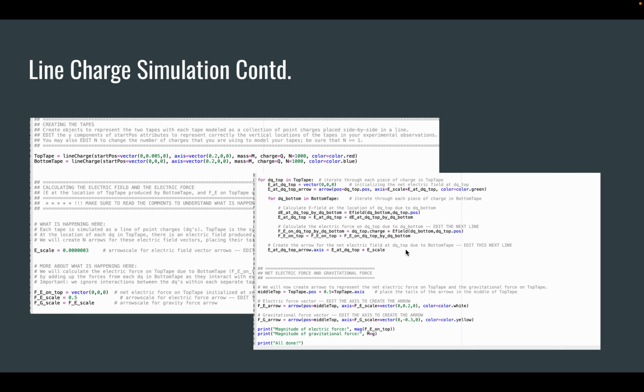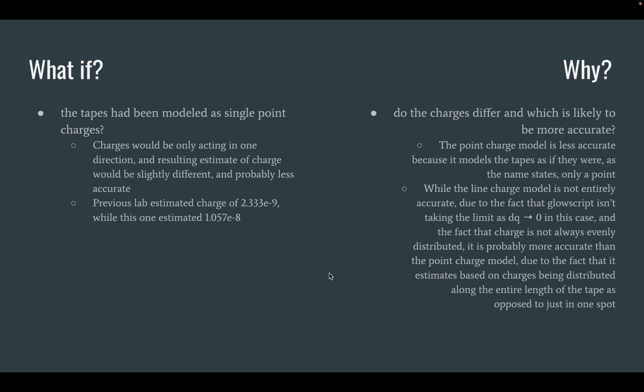Then here we are using Coulomb's law to multiply the electric field by the charge of each of those point charges to find the electric force at every single one of those point charges, and then we add those up to find the total electric force on the charged tape and the total charge on each tape, which I found to be 1.057 times 10 to the negative 8th, as stated previously, as opposed to the 2.33 times 10 to the negative 9th I found in the previous lab.